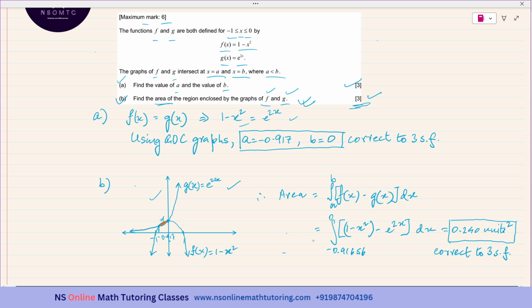You give a rough sketch, that is fine. This point is definitely not negative 0.917. It is more positive than negative 0.917. But anyway, I have just given a rough sketch. And this is A and that is B. You have to show that the f of x graph is above the g of x graph.